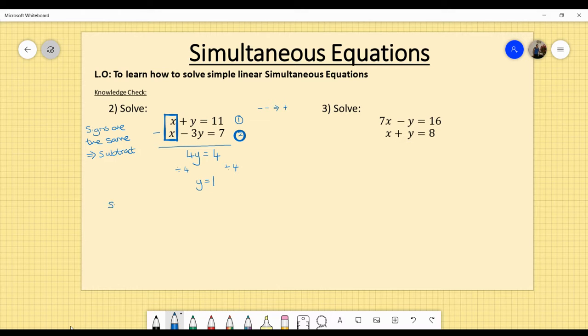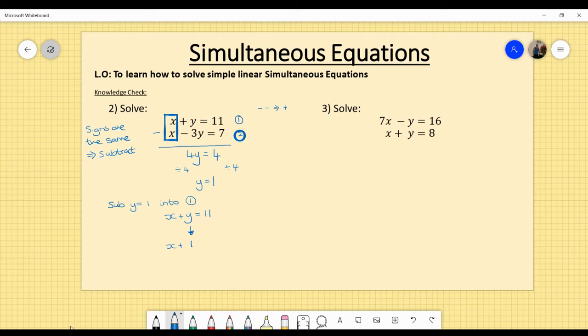And at this point, I need to use that to find out the x value. So we substitute y equals 1 into one of our equations. And it's totally up to you. It doesn't matter which one, but I often would say have a look at them and think about which one you think is the easiest. For me, I would say in this case, equation 1 is the easier one. So I've got x plus y equals 11, but I now know that my y is worth 1.